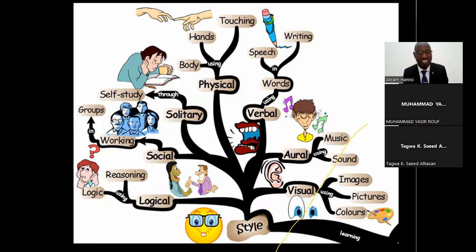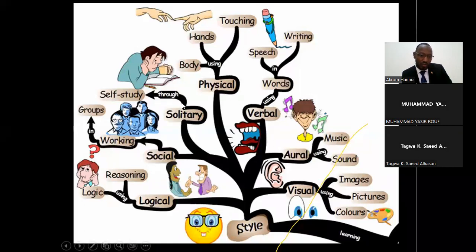Here we can see the learning styles. The first one is visual, using images, pictures, or colors. Oral is using music or sound. Verbal is words, speech, and so on. Physical is body, hands, and so on.